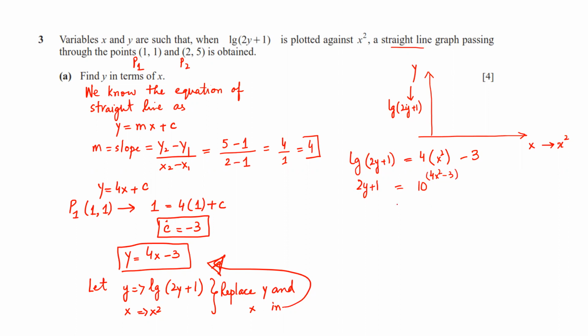Then 2y equals 10 power 4x square times 10 to power minus 3, minus 1, and then we get y equals 10 to the power 4x square divided by 1000 minus 1, whole multiplied by 1 by 2.